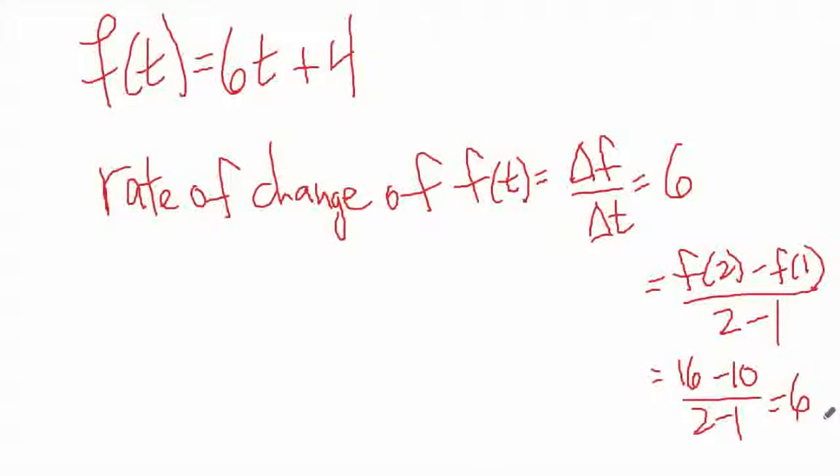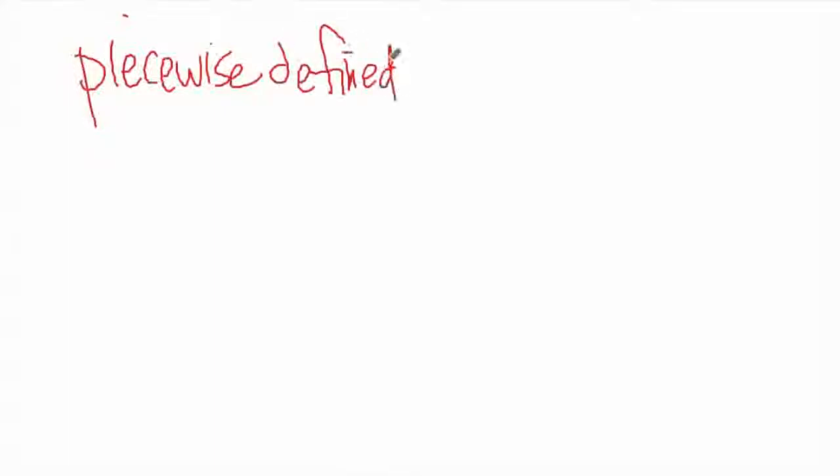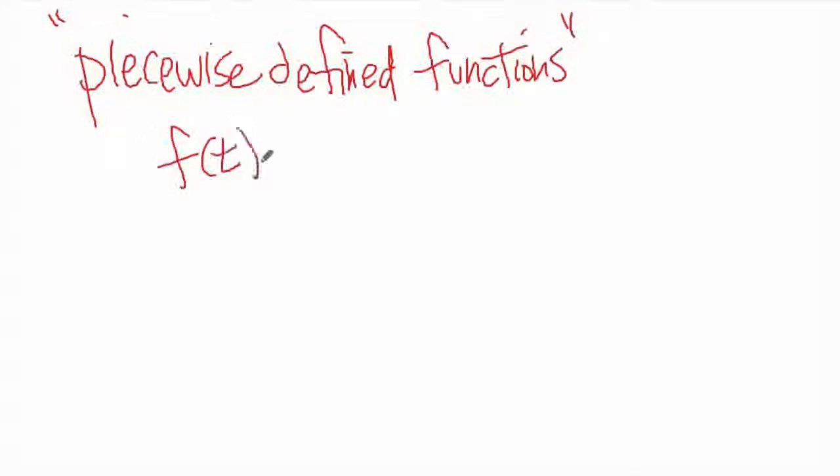Now let's do a little bit more complicated one, where the rate of change is not the same everywhere. Let's talk about piecewise defined functions. Say I had f of t, and it equaled a certain expression for certain times, and then a different expression for different times.